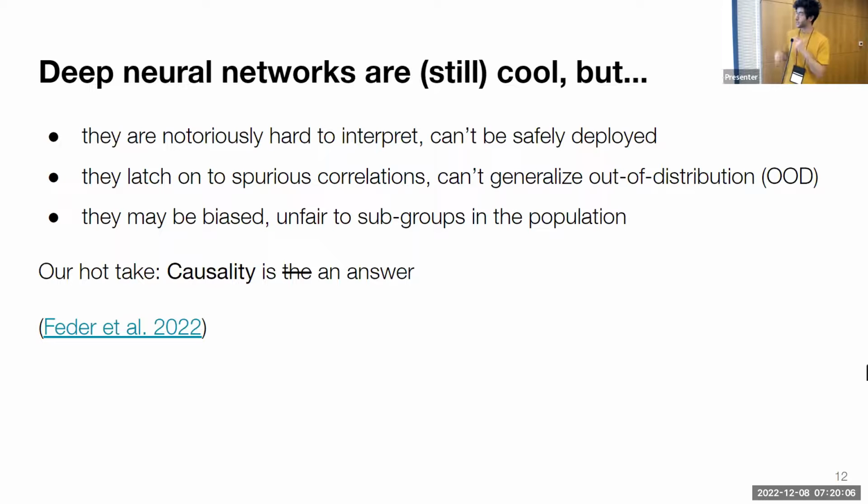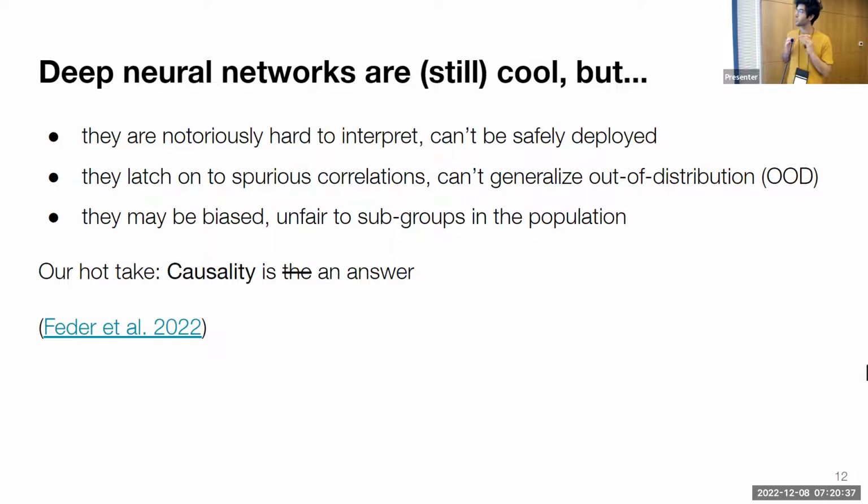All right. Saying all of this, just to remember: sure, deep neural nets, specifically transformers, are really cool. We are all engaged in these ideas and topics. But we have to remember 3 different things when we're working with them. They are notoriously hard to interpret, meaning that in settings where we care about the safety of our users or people using the downstream predictions of those models, safe deployment is an issue because of that.